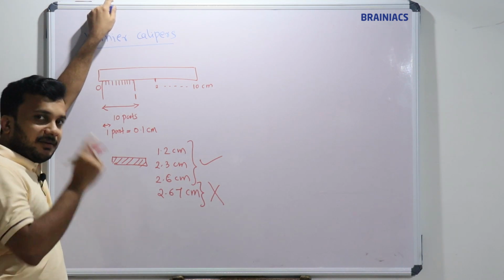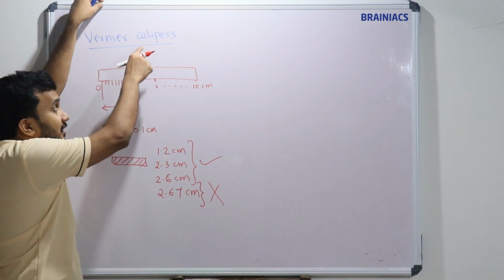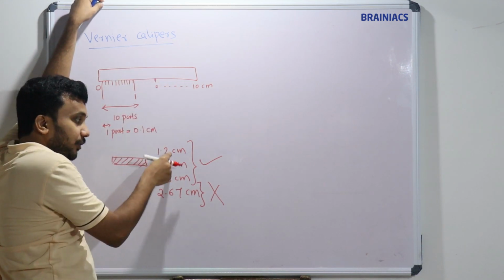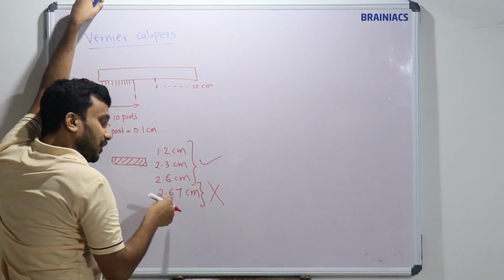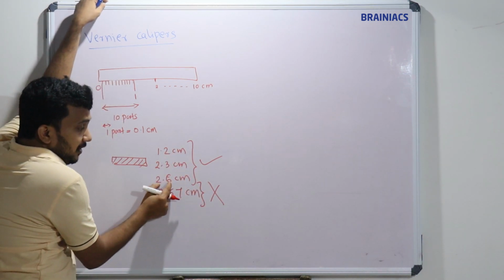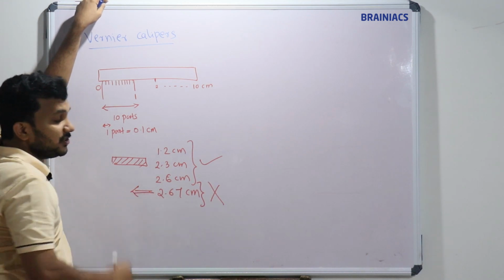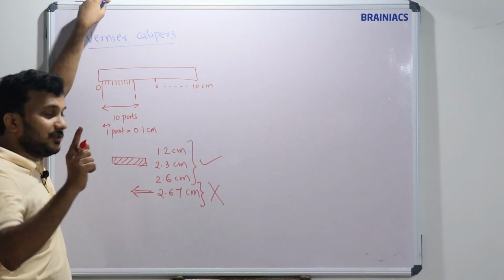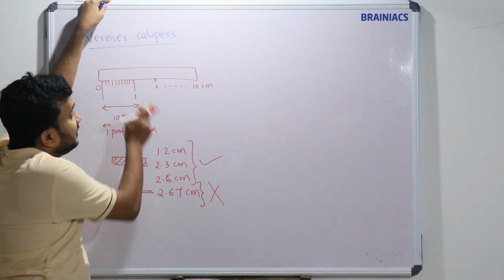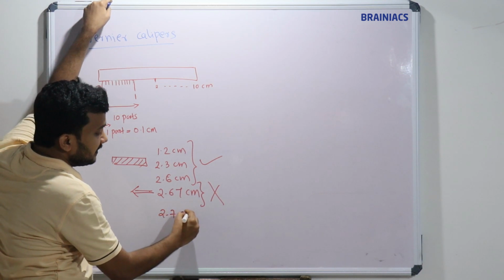In this case, our brilliant guy will be here. This is called vernier caliper. Vernier calipers can be used to measure 1.2, 2.3, 2.6, 2.67. Suppose the correct value of this rod is 2.67, but a normal scale will either measure 2.6 or say it is 2.7 centimeter.